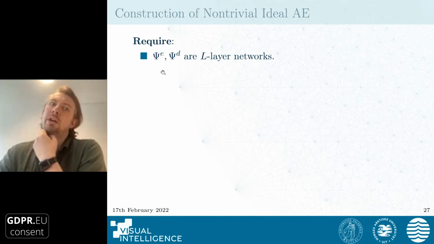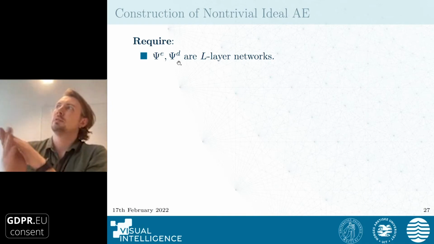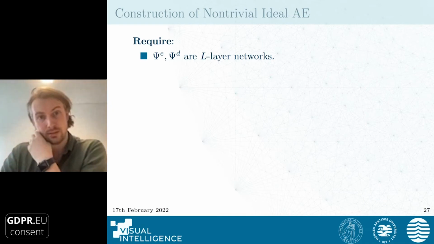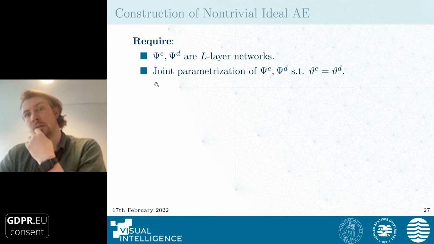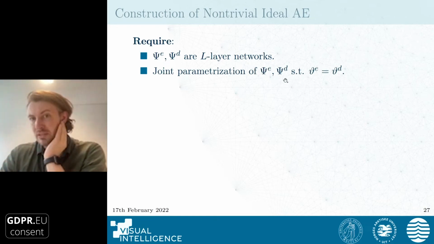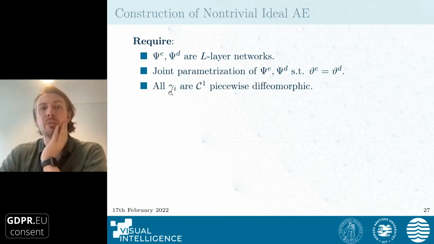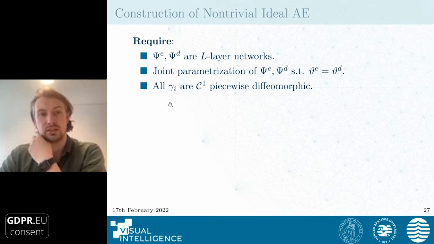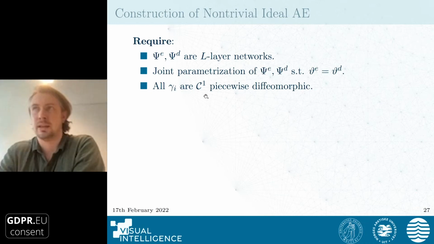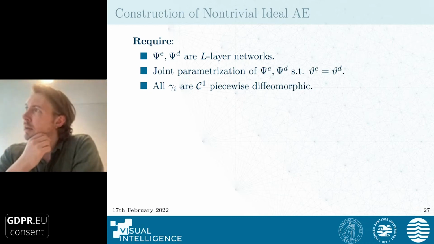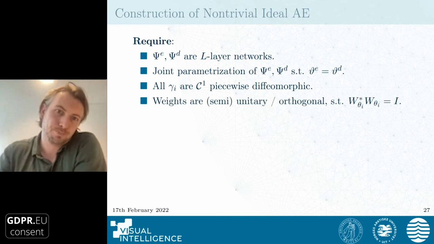Well, we require that the encoder and decoder are of similar lengths. We require that the parametrization is the same, essentially. And we require that all the activations, gamma_i, are C1 piecewise diffeomorphic, meaning that they're basically piecewise invertible and differentiable.